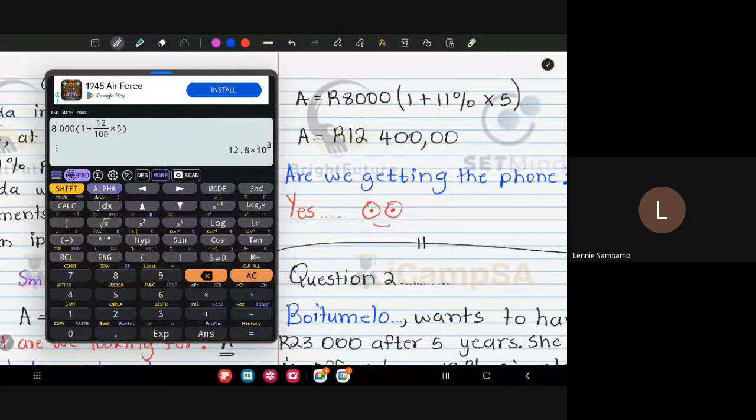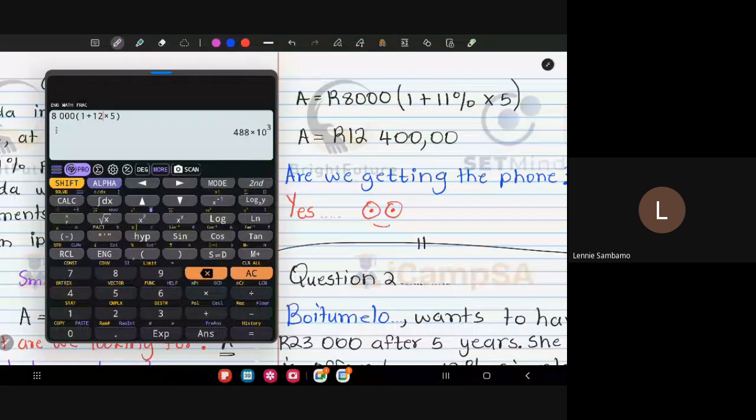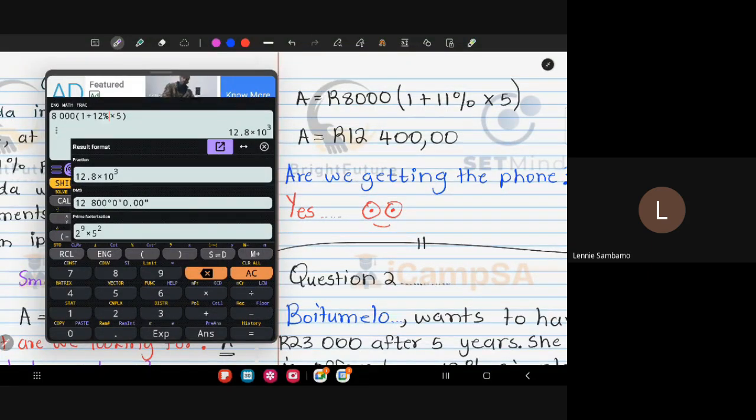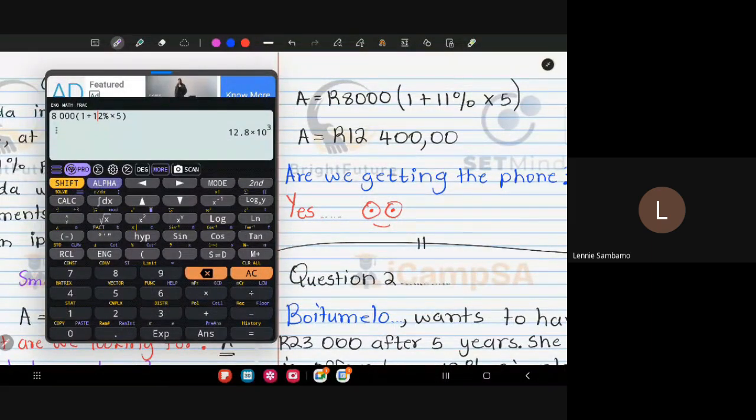Let's remove that and put in 12%. So you see that we're getting the same answer. I hope you get the point. So it's 11, so 12,400.